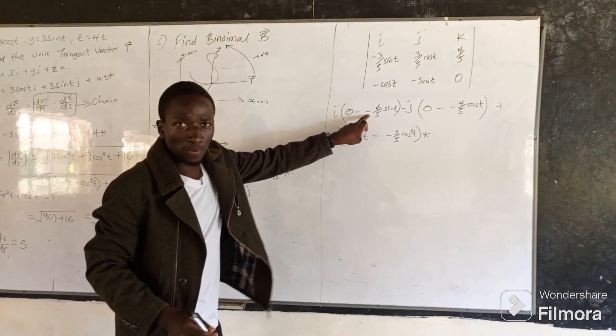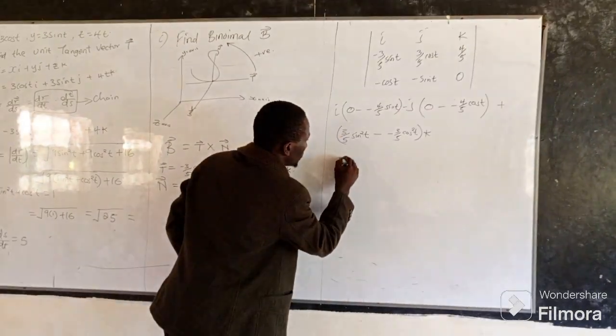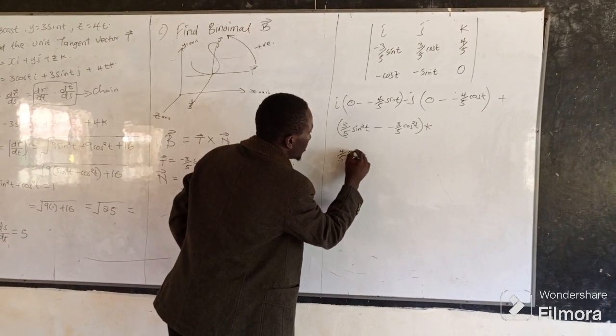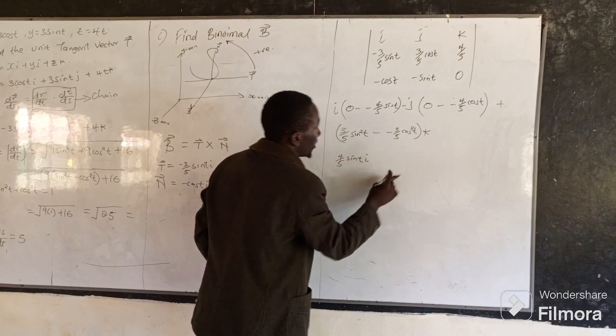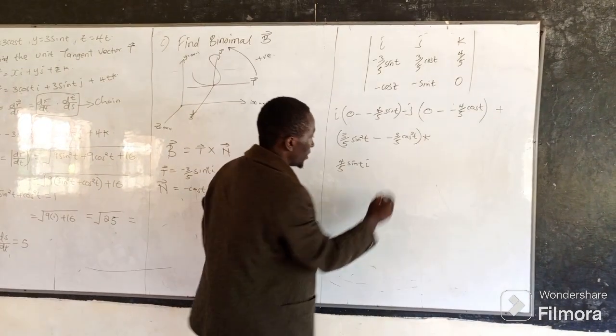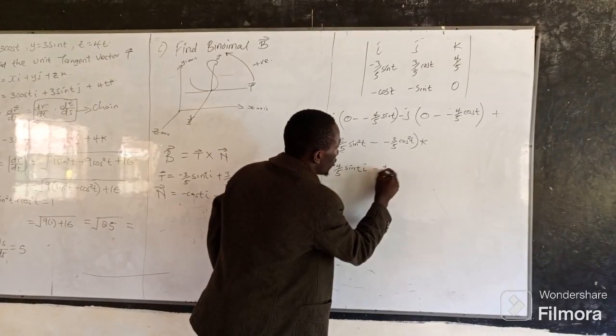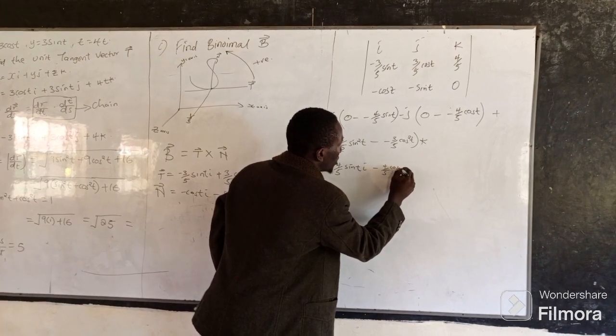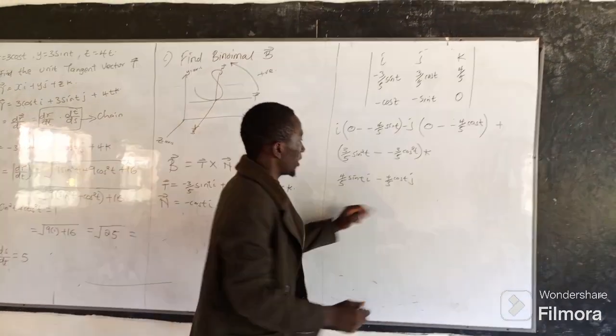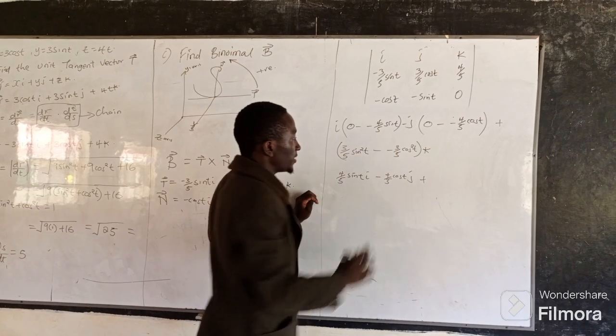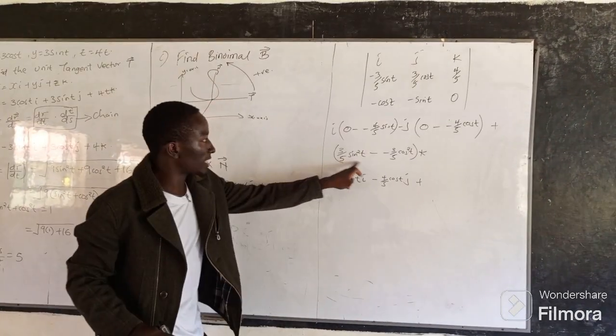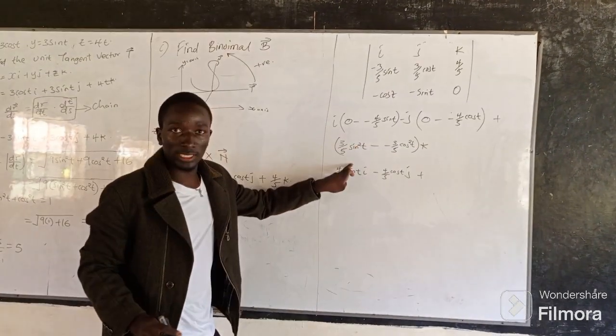Negative and negative gives me a positive. I'll have positive 4 over 5 sin t i. Negative negative gives me a positive, and then the negative 4 over 5 cos t j, then plus negative and negative gives me a positive, and I'll factor out 3 over 5 because it's common.